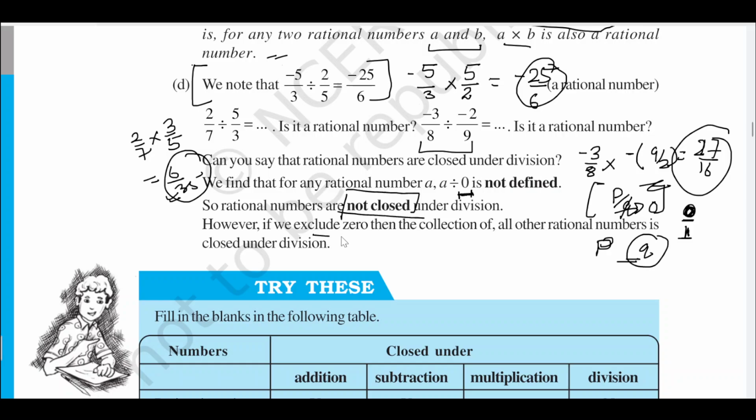However, if we exclude 0, then the collection of all rational numbers is closed under division. So you can say it is almost closed under division. Except 0. If you remove 0, the rational numbers are closed under division. 0 should not be present as denominator.